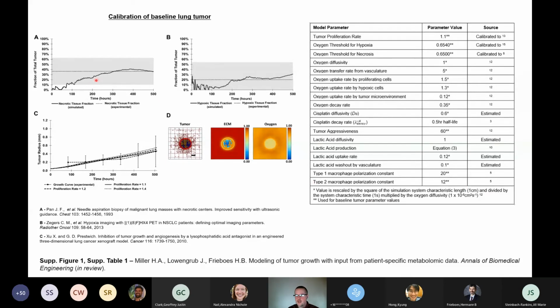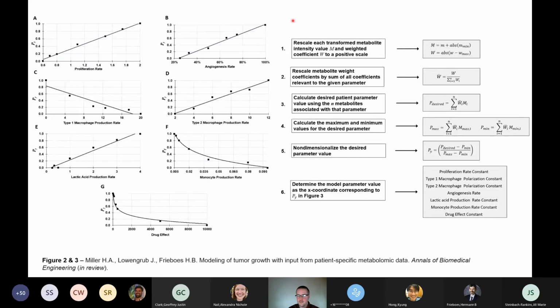In panels A and B, we fitted the proportion of necrotic and hypoxic tissue at 400 hours. And in panel C, the tumor proliferation rate was calibrated. To create a system which is flexible enough to simulate a variety of patient-specific tumor characteristics, we determined ranges for several different parameters by measuring tumor growth metrics at a specified time point and fitting the data to curves.